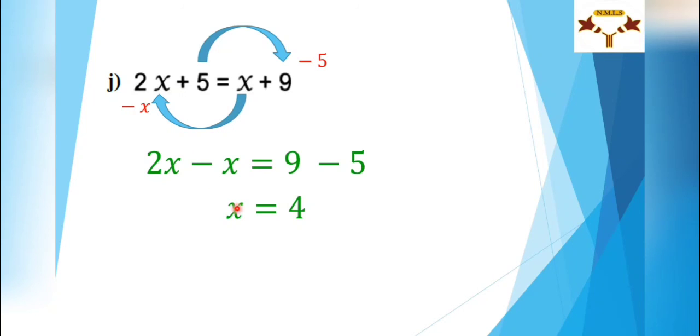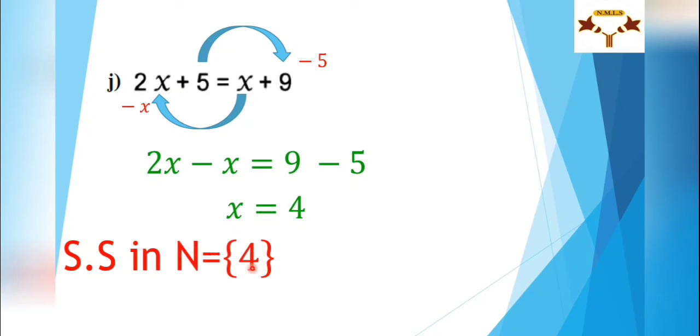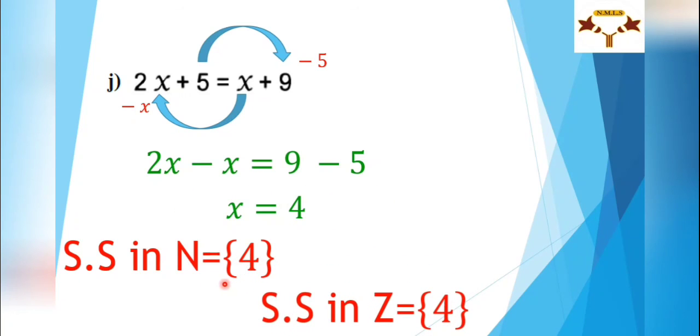So here 2x minus x equal x, and 9 minus 5 equal 4. So I have now x equal 4. Keep the equals under each other. And now my solution set in N equal 4, and in Z equal 4, because 4 belongs to N and to Z. The solution set equals 4.